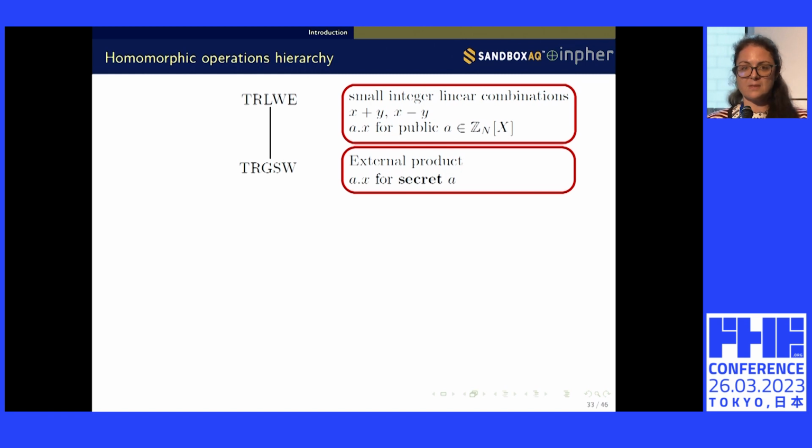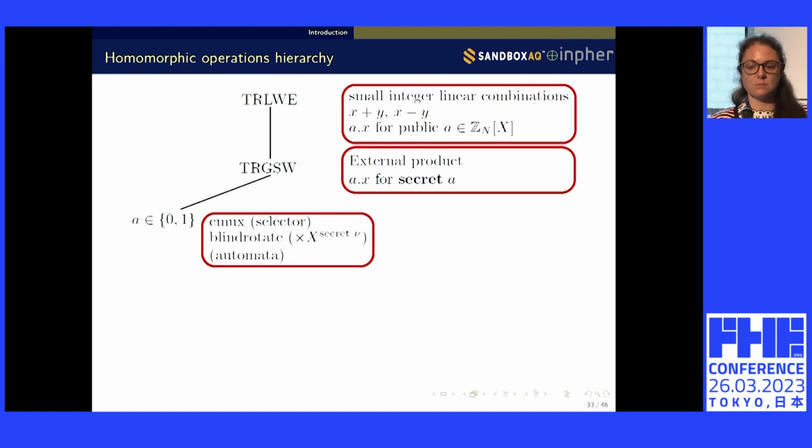Now, using the ciphertext of RGSW, we can also perform an external product, this time with A secret, and we have different cases depending on this secret A. If A is a binary value, if we encrypt 0 or 1, we obtain all the operations as Nicolas showed just before, such as the mux, the selector, the blind rotate, and all automata evaluation.